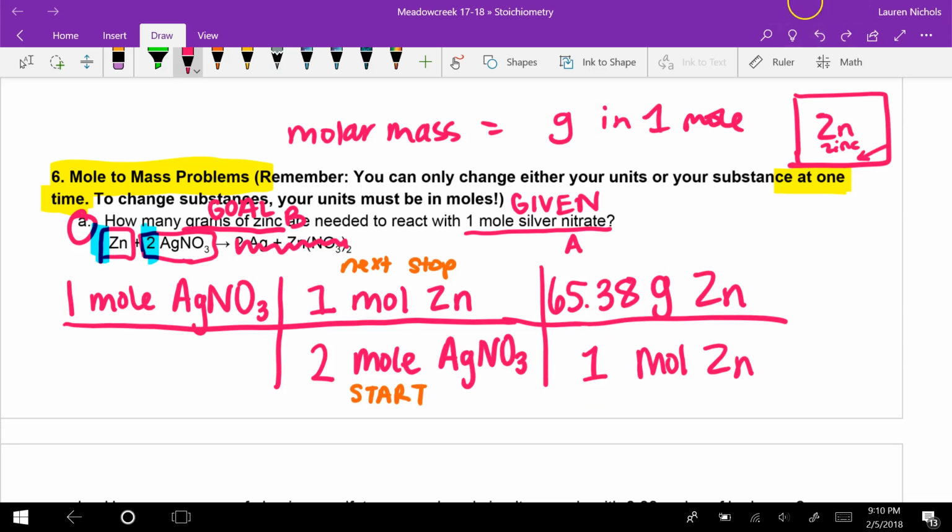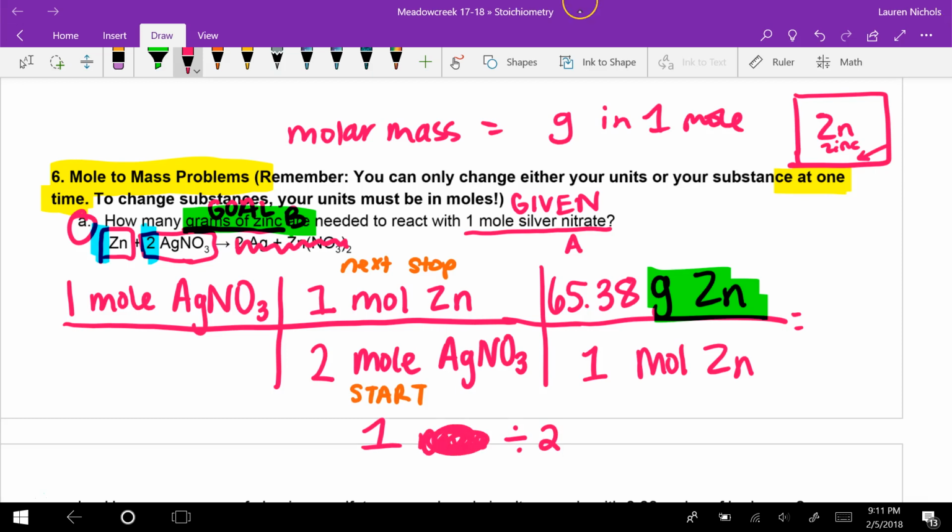Okay, so we look at our top right units. So grams of zinc, and we look over here at our goal, grams of zinc. They do match, and so that means we can plug them in to our calculator. So remember, we start with our given, so we have 1 mole. And after our given, we can ignore these other ones because multiplying and dividing by 1 doesn't change anything. But 1 divided by 2, and we don't have to write mole.